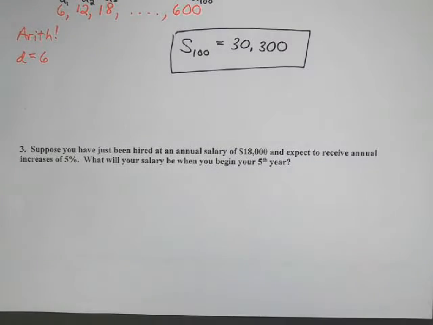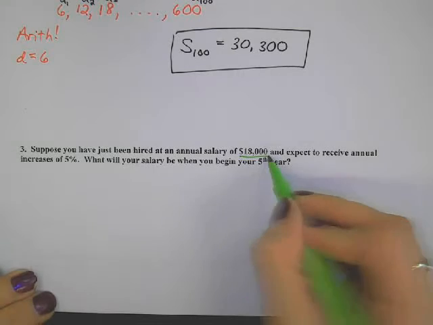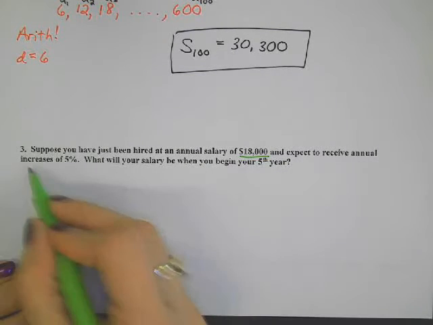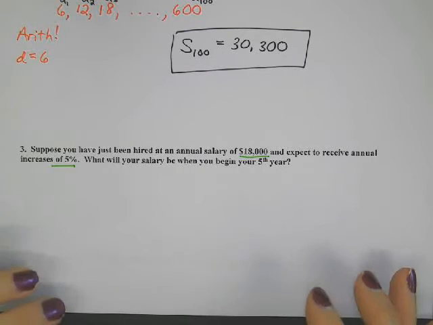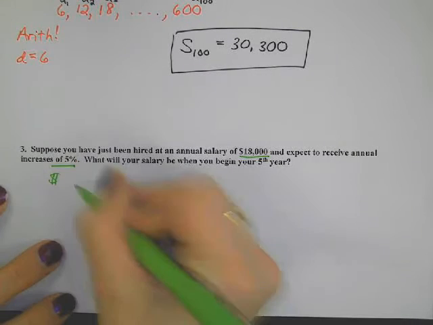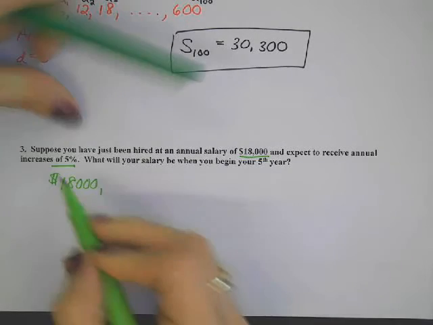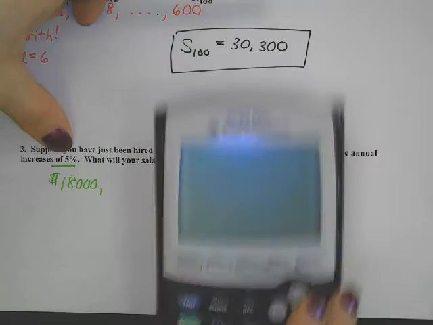Oh, money. You've just been hired at an annual salary of 18,000. But you expect to receive some annual increases. So what I would like to do is maybe write down the first couple salaries. The first year you make a measly 18,000. But you're going to get an increase of 5%. So how do we calculate your salary?